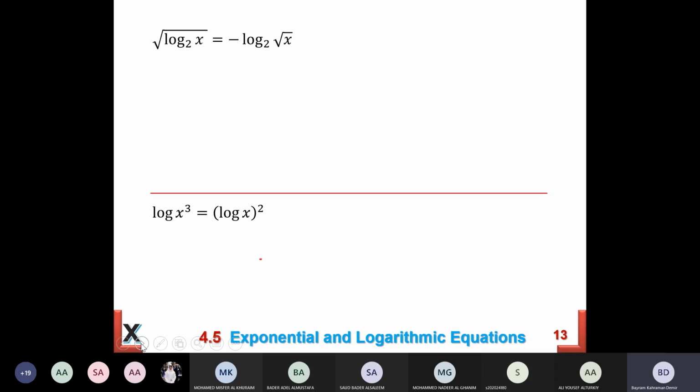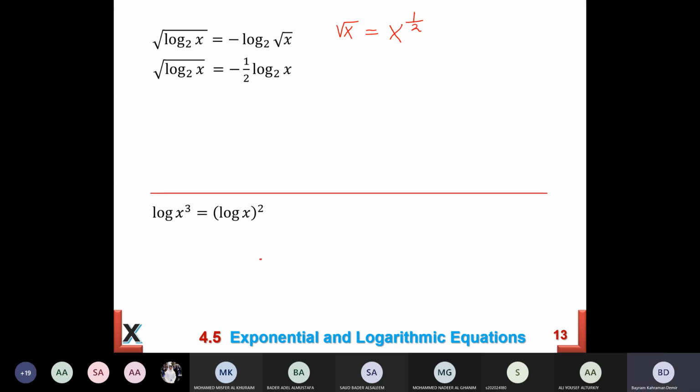So, of course, we need to remember the root of x is just x to the power of half, right? And you know that if you have x to the power of half, that comes to just behind the logarithm. And you just need to write negative half times logarithm of x.